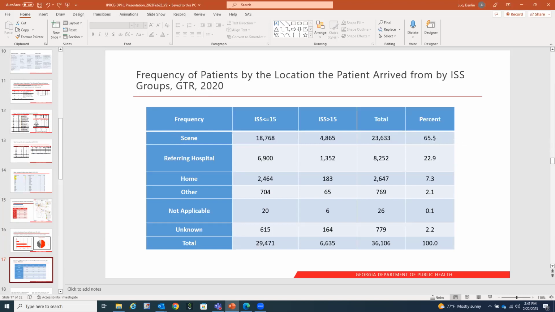So we can find 65.5% of the trauma patients came directly from the scene. Here, the second row is patients who came from a referring hospital. We find that 22.9% of patients came from a referring hospital.